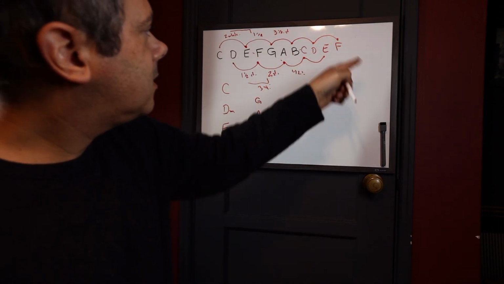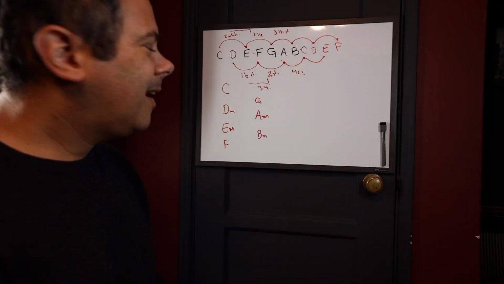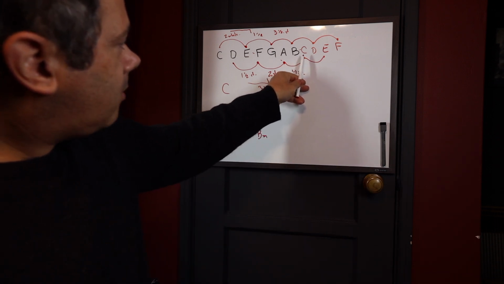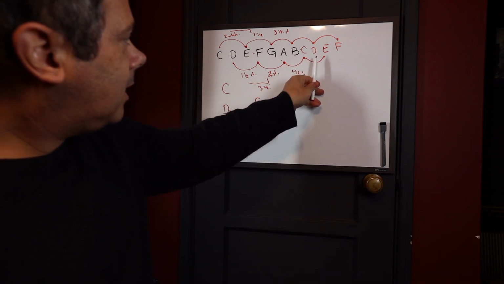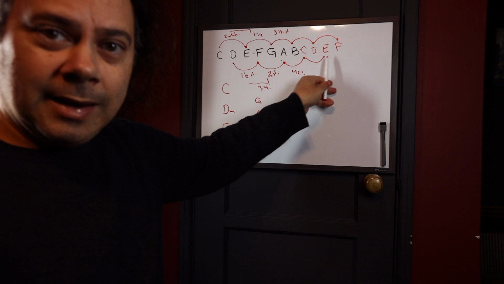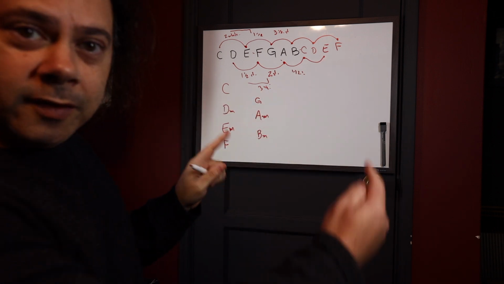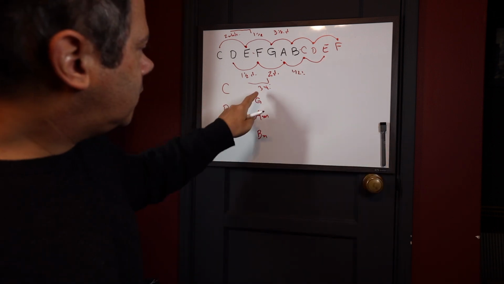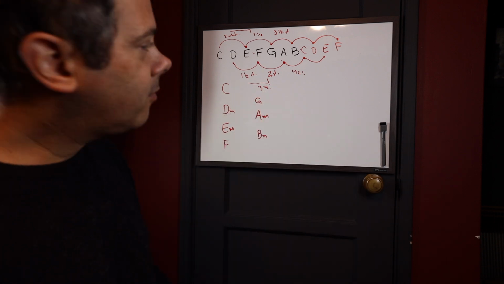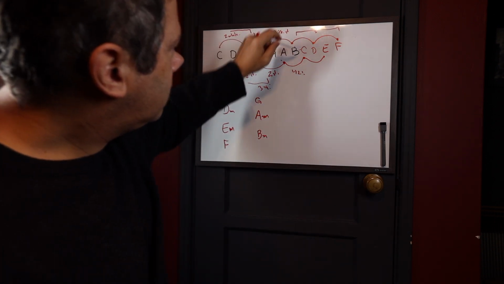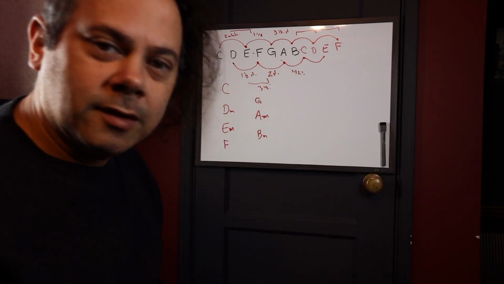So this is a kind of anomaly, right? Because I have 1.5 steps, and then I have 1.5 steps. So instead of my perfect fifth interval, which is 3.5 steps, I only have 3 steps here between my root and my fifth.